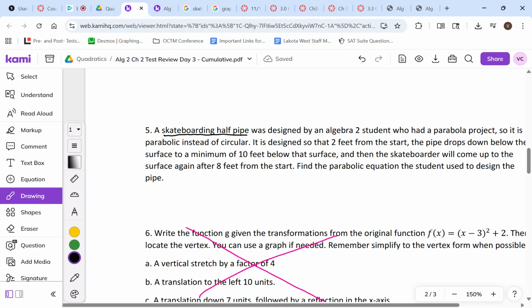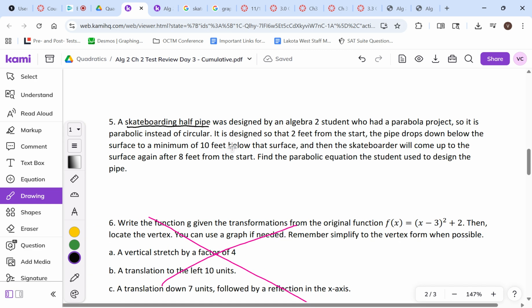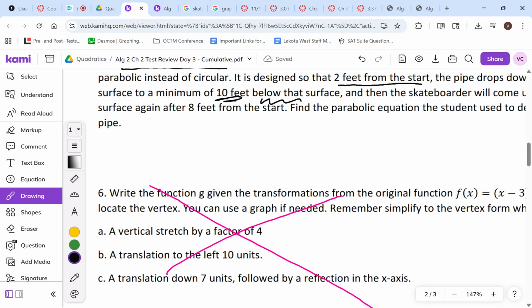So if we're reading this one, it's designed so that 2 feet from the start, the pipe drops down below to a minimum of 10 feet below the surface. And then the skateboarder will come back up to the surface again after 8 feet from the start. So it's talking about from the start.